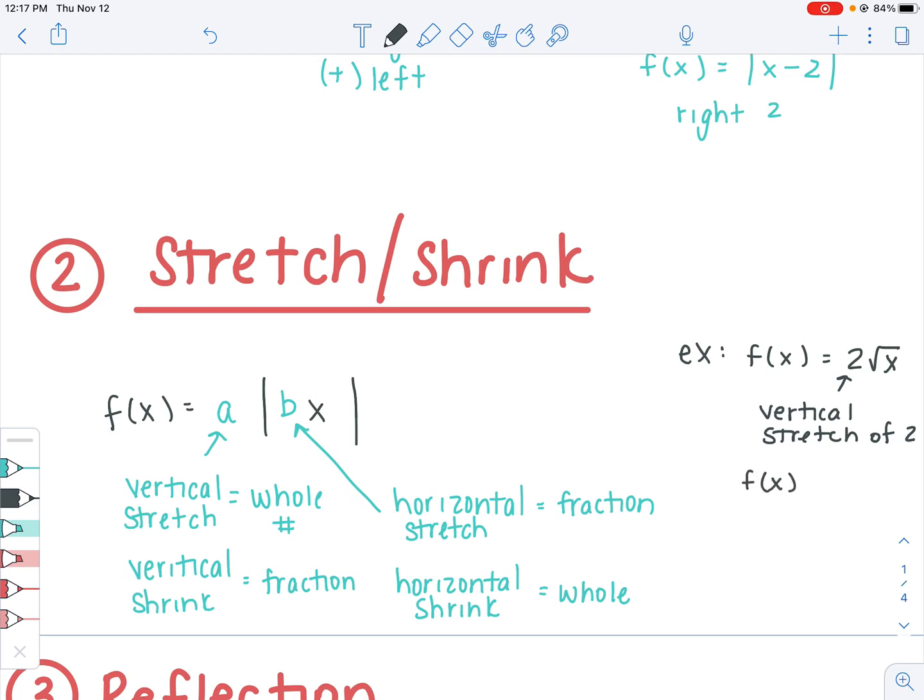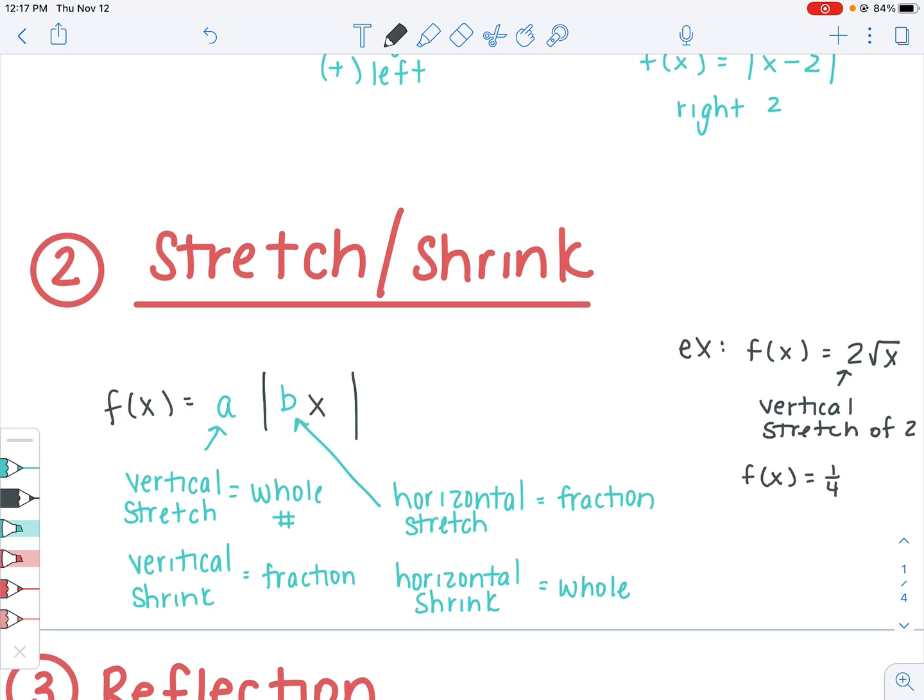Versus if I had f of x equals 1/4 x squared, this is going to be a vertical shrink because it's a fraction and it's outside, of 1/4. Horizontal stretches and shrinks just happen inside the parent function, so that would be something like f of x equals absolute value of 5x is going to give us a horizontal shrink because it's a whole number and it's inside.